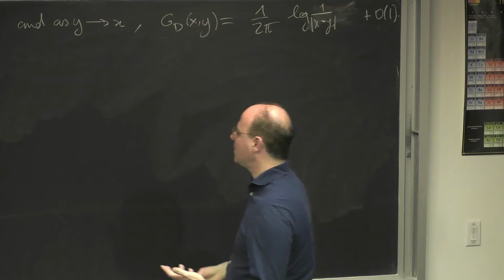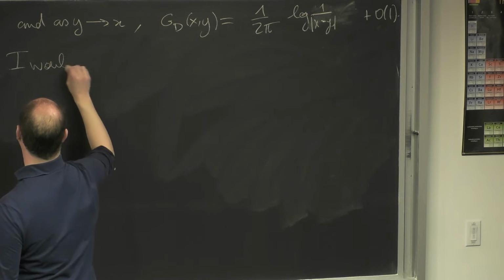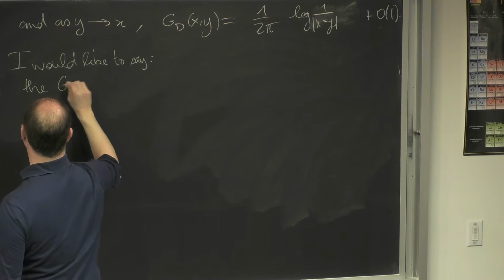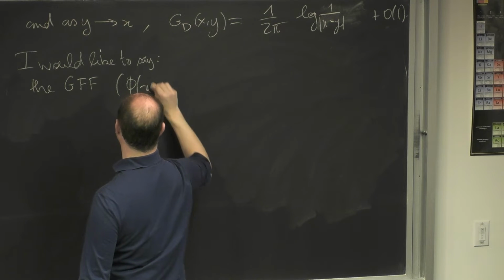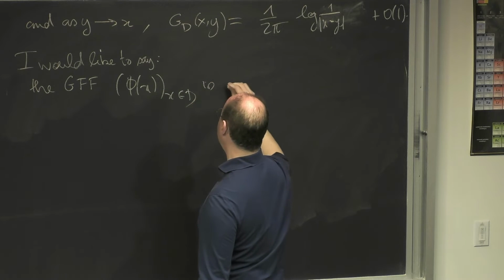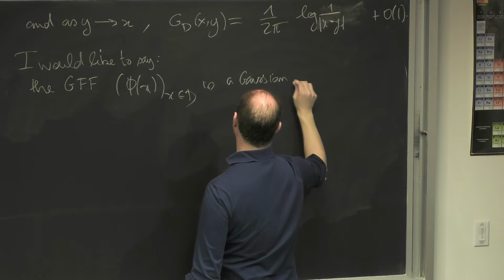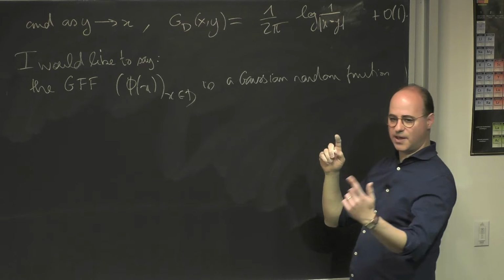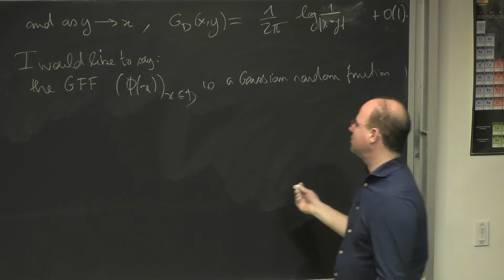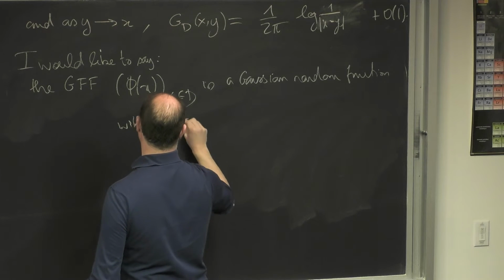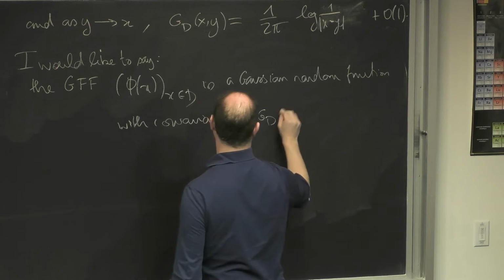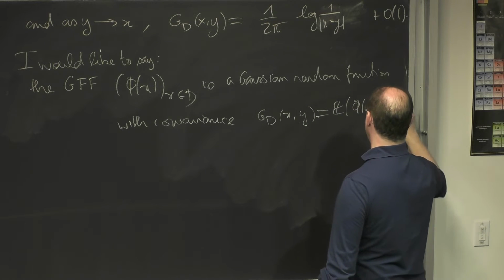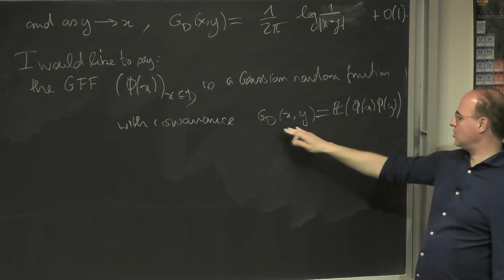Okay, so that tells us, you know, I would like to say that the Gaussian free field phi of x in D is a Gaussian random function, by which I mean that when you test it at x1, x2, ..., xn, you get a Gaussian vector with covariance, right, so the covariance of phi of x, phi of y should be given by the Green function.